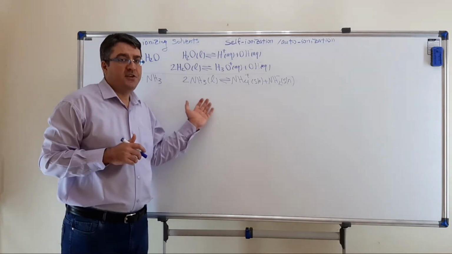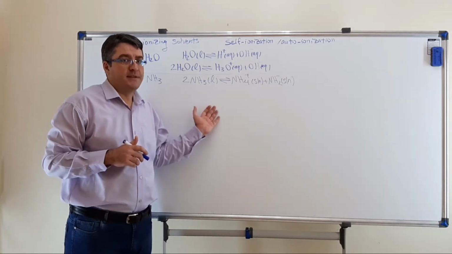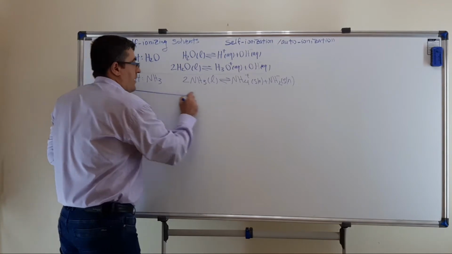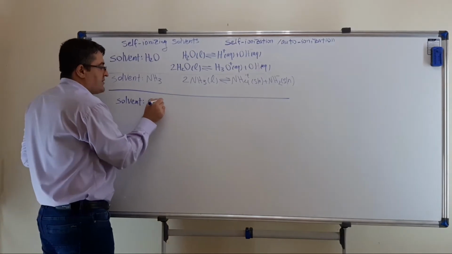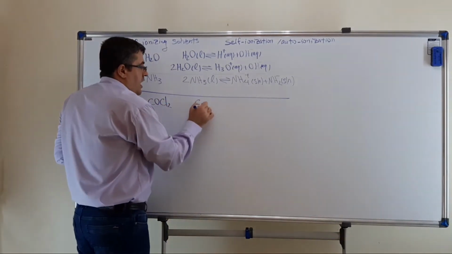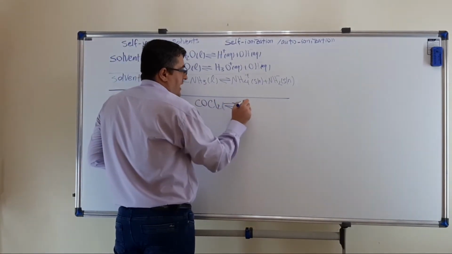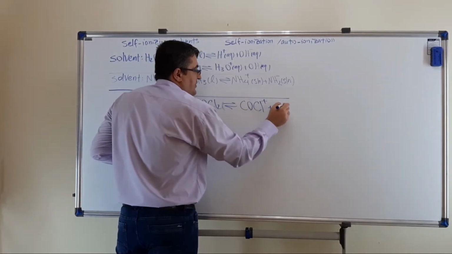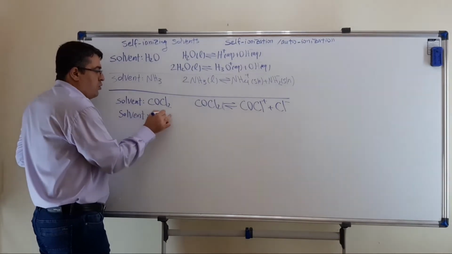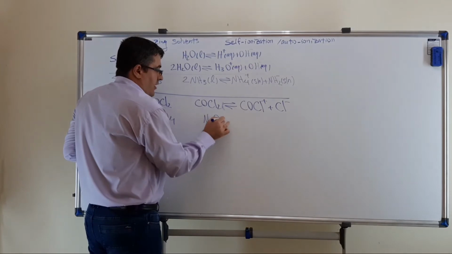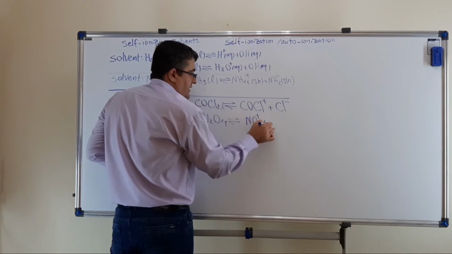This is not generally true. Other solvents may self-ionize by other methods. For example, for the solvent phosgene, COCl2, we may consider this reaction as its self-ionization reaction. For the solvent N2O4, self-ionization reaction may be considered like this.